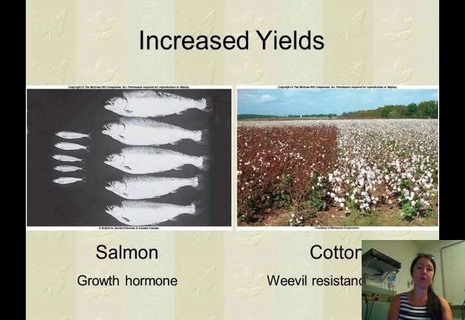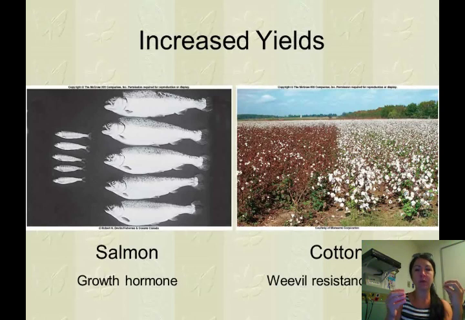Same thing here with the cotton. I think most people are okay with cotton since we're not putting it into our bodies. But the set of crops on the left are just normal cotton plants. The set of crops on the right are the cotton that have weevil resistance. So a weevil is like that picture of what's on the front of your lab manual. They come in and they just eat away at the plants.